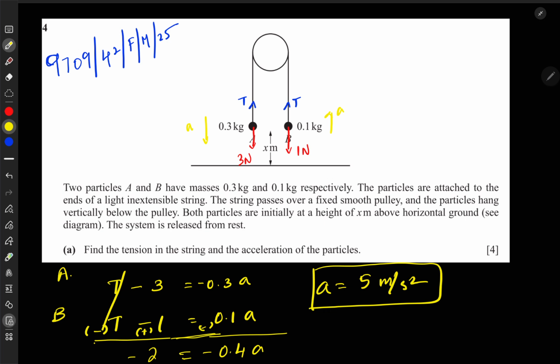Now we can plug the value of a into either of the equations. I'm taking the second equation.